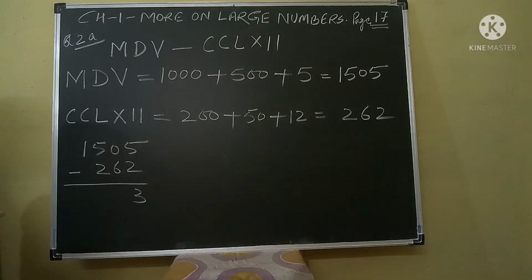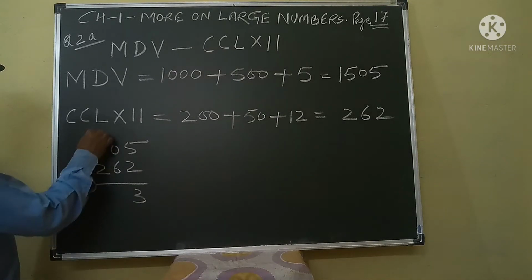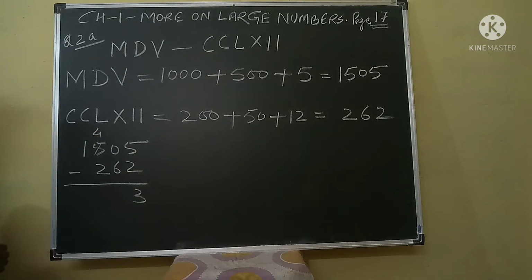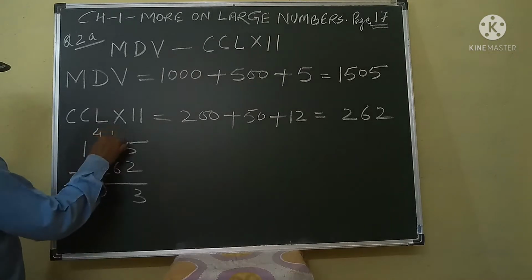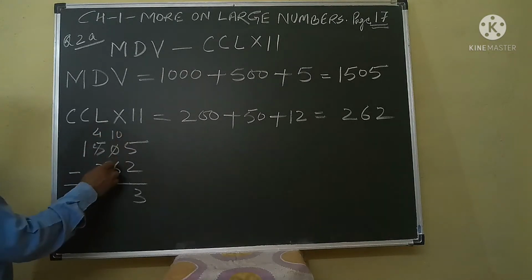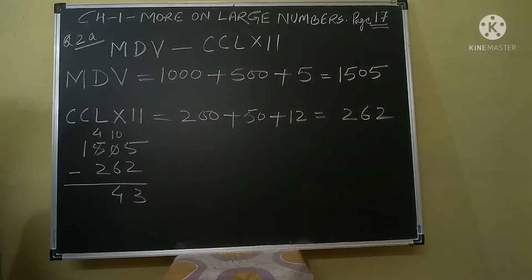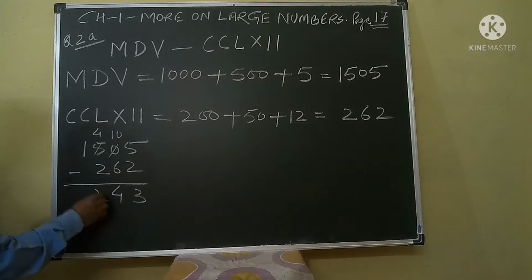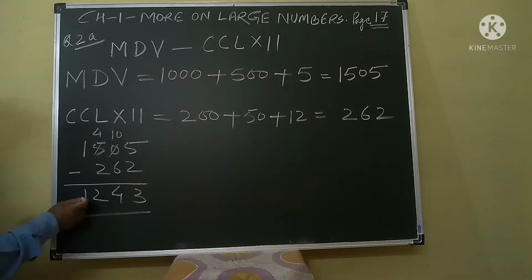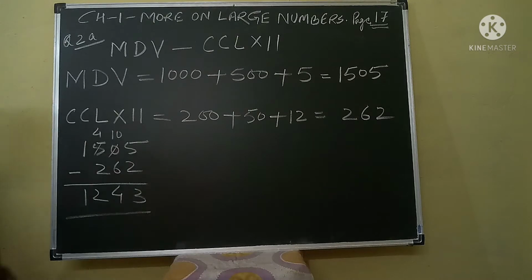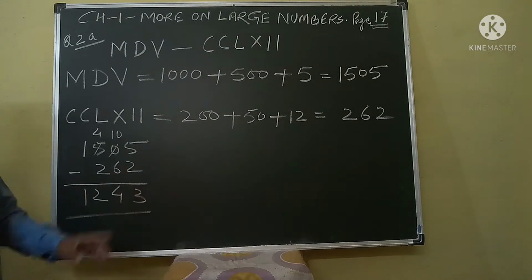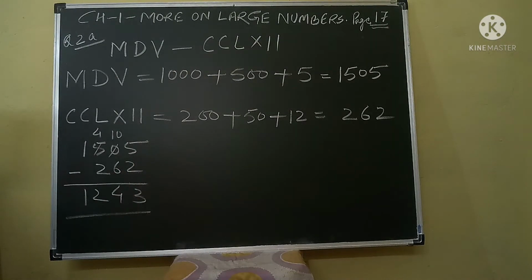We borrow one from 5. 5 is converted to 4, 0 is converted to 10. 10 minus 6, 4. 4 minus 2, 2. This is 1. So 1243.